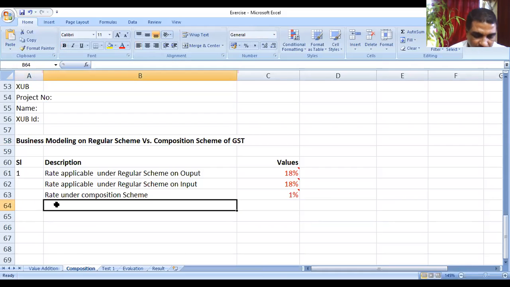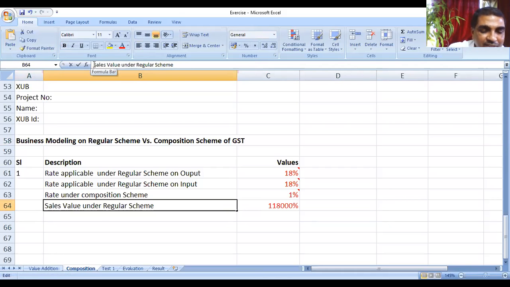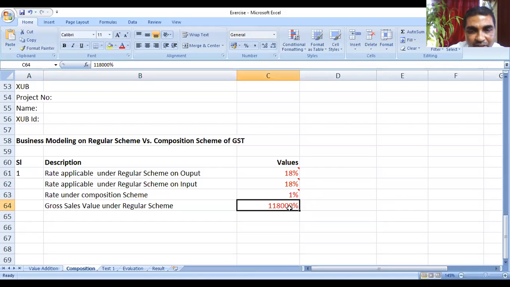Now the fourth point we will take: sales value under regular scheme. Okay, we are taking something from the previous example. Let us say 1,18,000. Okay, 1 lakh plus tax. The sales value means we will take gross sales value. Is it not? Sorry, it is showing as a percentage. Why is it coming as a percentage?